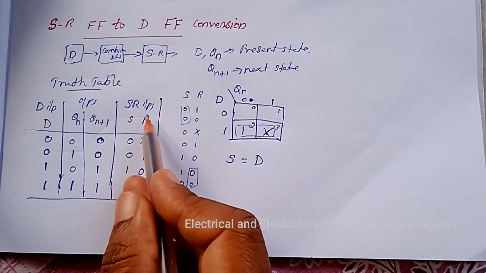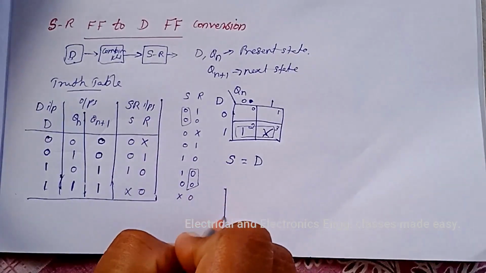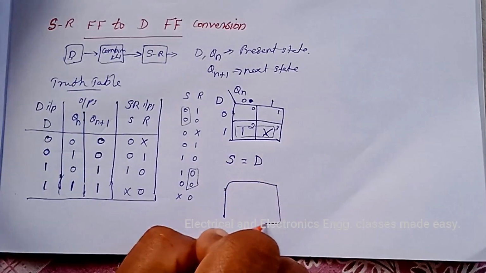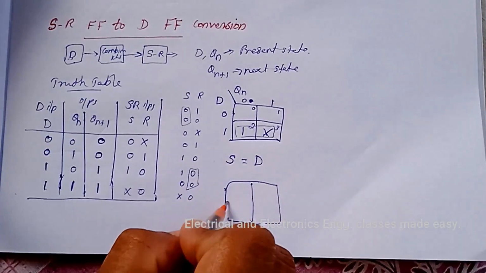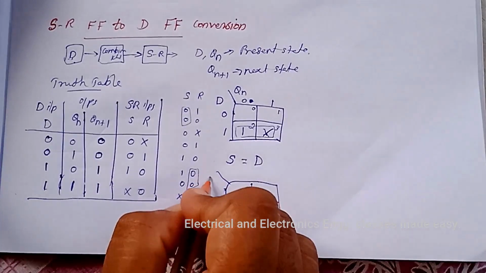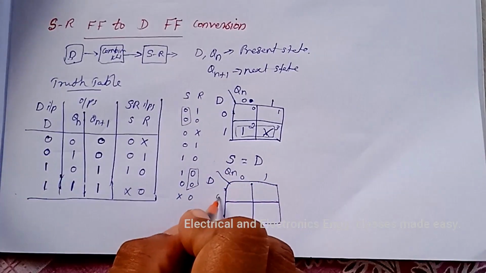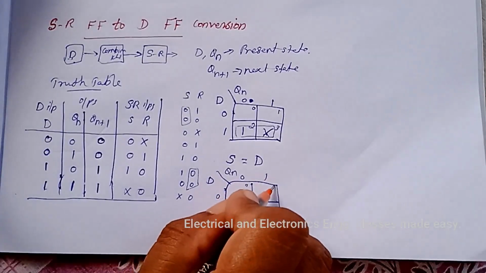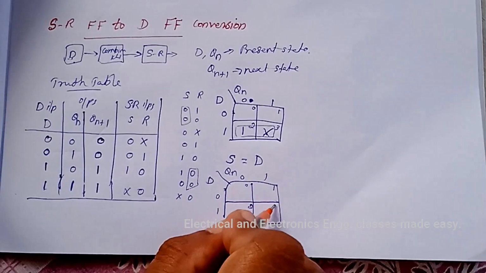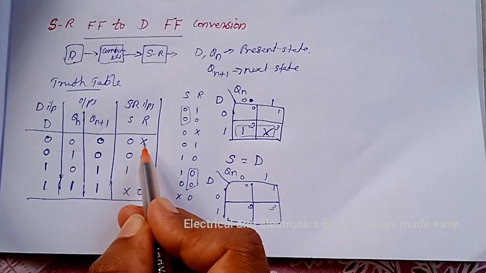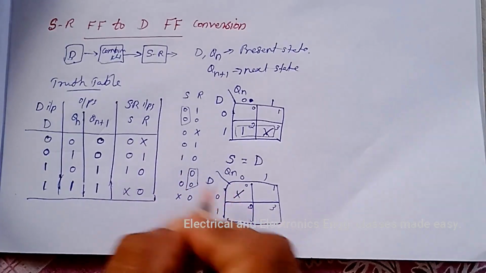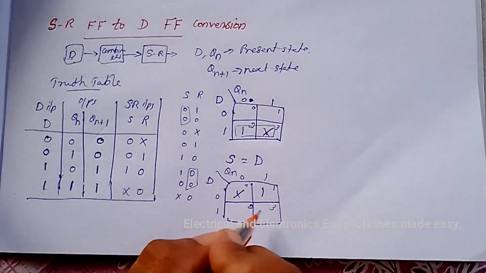Next we have to design R. Again a two variable K map we have to draw with inputs D and Qn. 0 1 0 1, here 0 1 2 and 3, and here don't care, then 1 0 0.